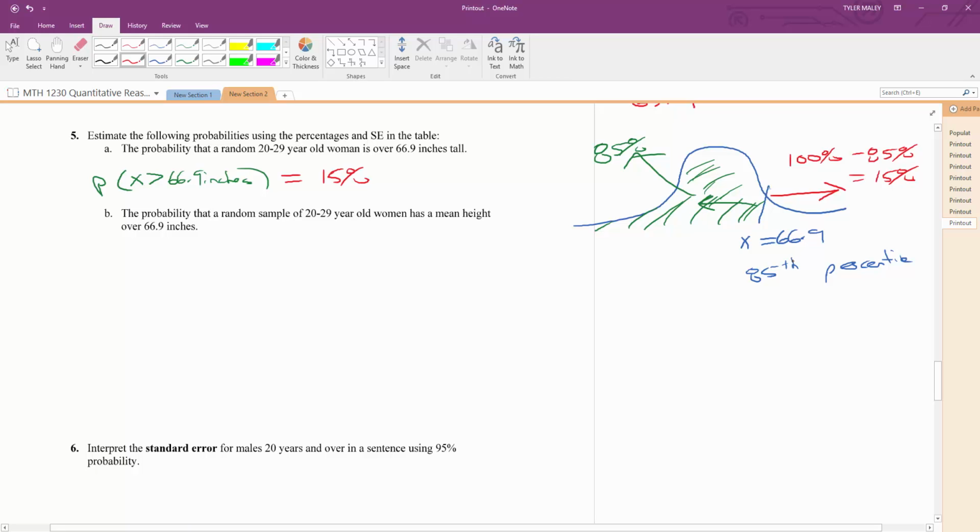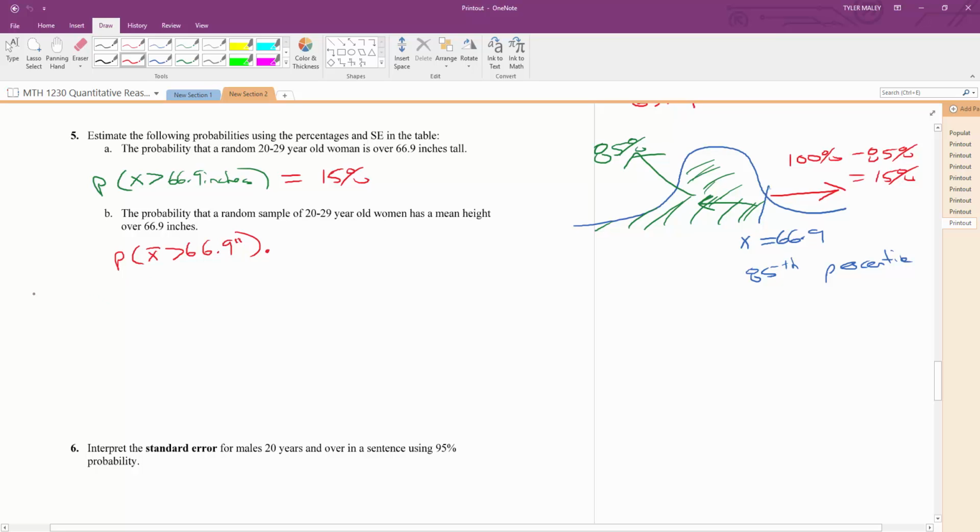So then part B says the probability that a random sample of 20 to 29-year-old women has a mean height over 66.9 inches. So what's the probability that the mean height, so x bar, is greater than 66.9 inches? So here you want to be careful.